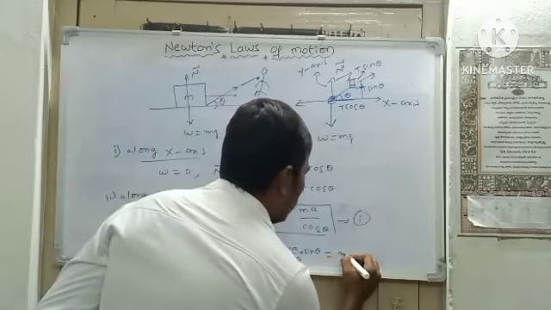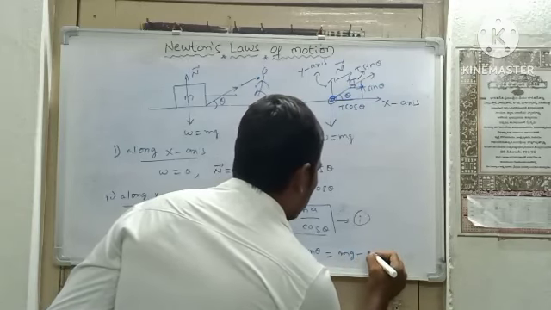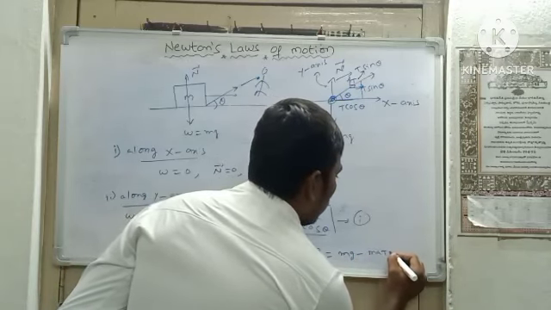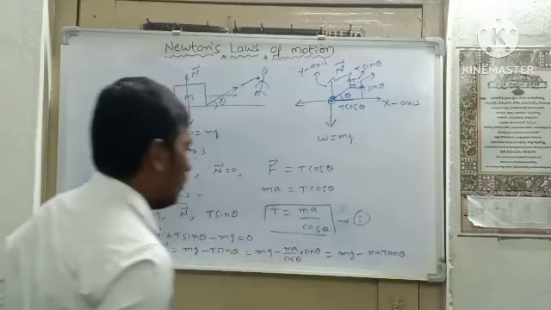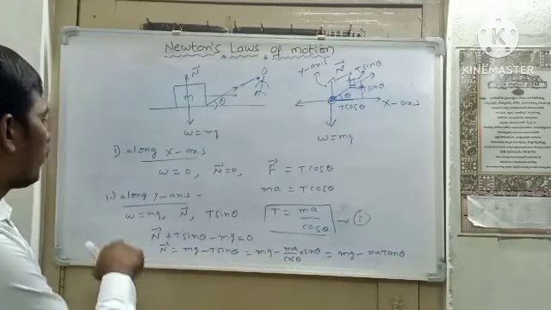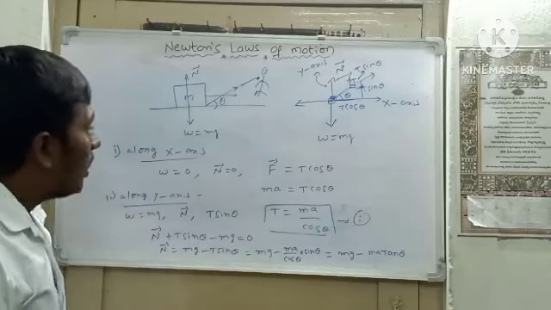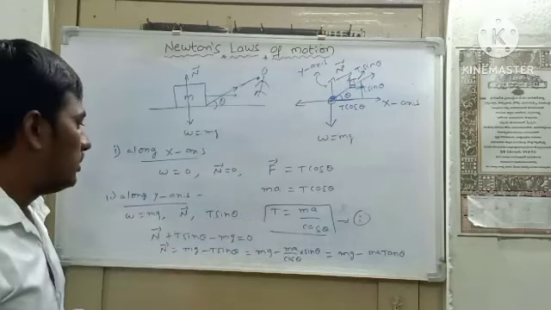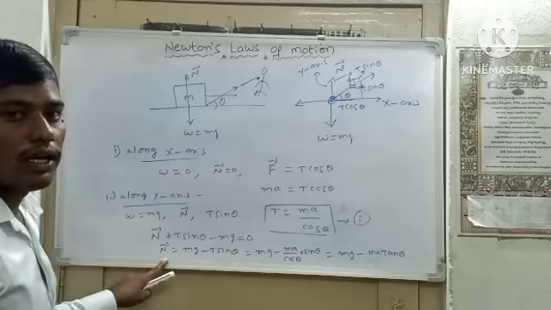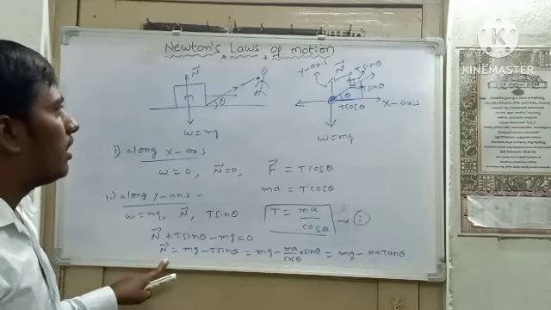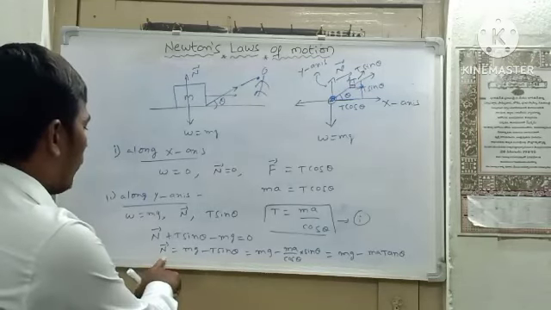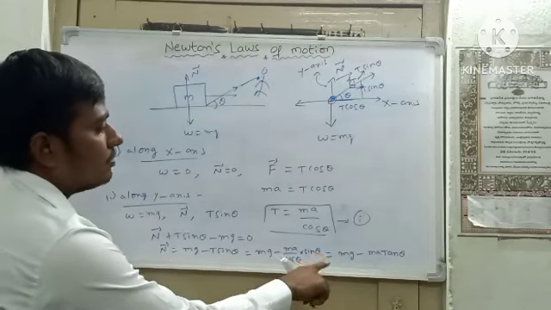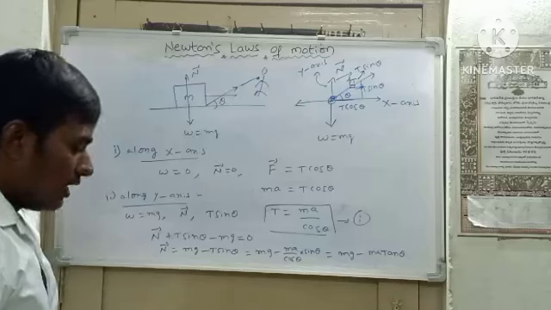So we are getting mg minus MA tan theta. Along the x-axis we get tension, along the y-axis we get the contact force applied by the table on the body. So contact force N bar equal to mg minus MA tan theta.